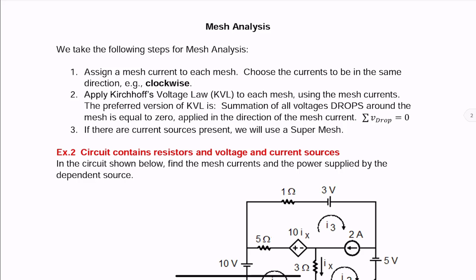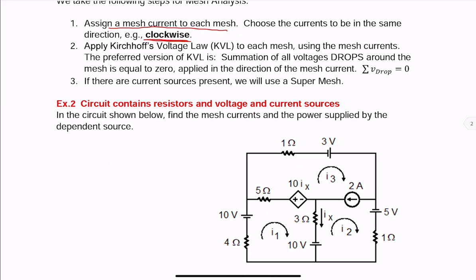To do a quick review of mesh analysis, for a circuit, we choose mesh currents all going in the same direction, usually clockwise if it's not chosen. We apply Kirchhoff's voltage law to each mesh.